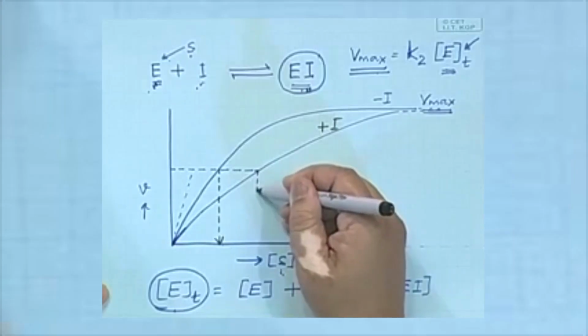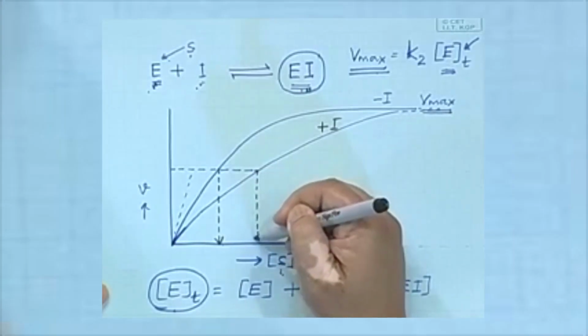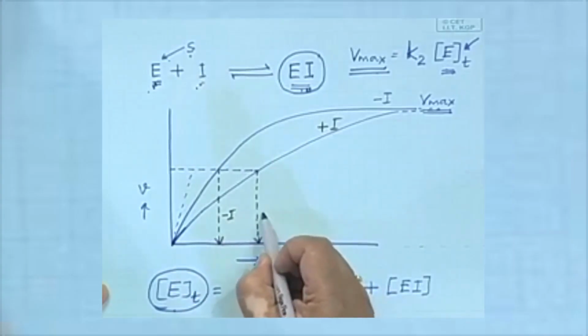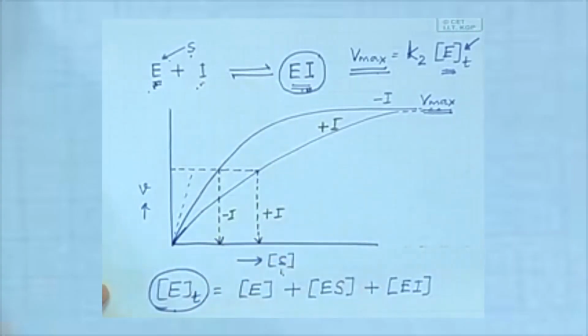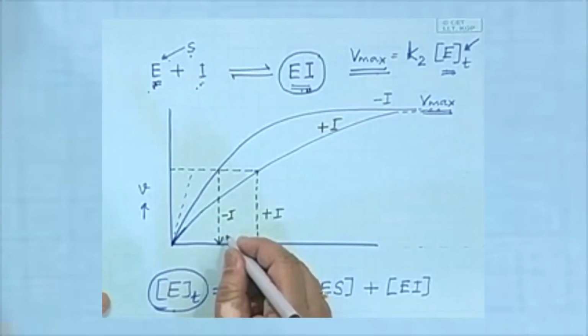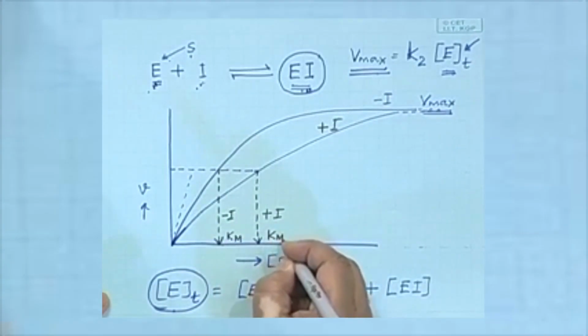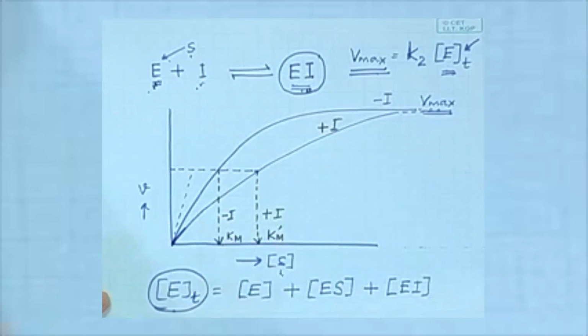This is my Km value with the inhibitor. This is minus I, this is plus I. So what has happened to my Km? It has increased. So I put a Km prime for this.